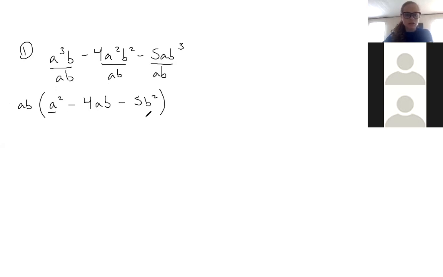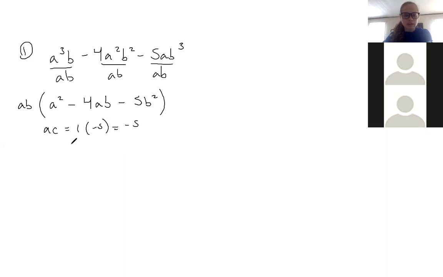I look at that first term and that last term, and I ask myself, are these perfect squares? No, they're not. So this won't be a perfect square trinomial. The next thing I have to do is go old school. I have to try to factor this. So multiply the first coefficient times the last coefficient, which is 1 times -5, that's -5.